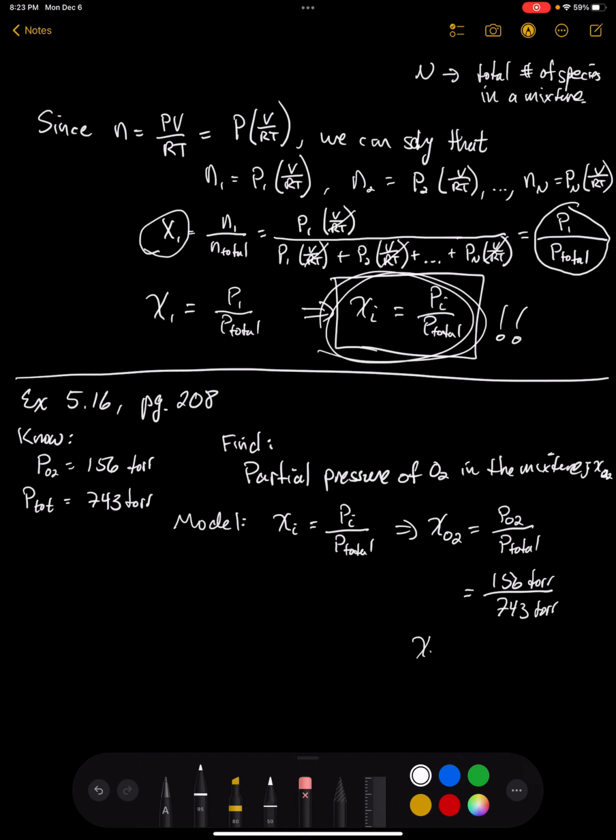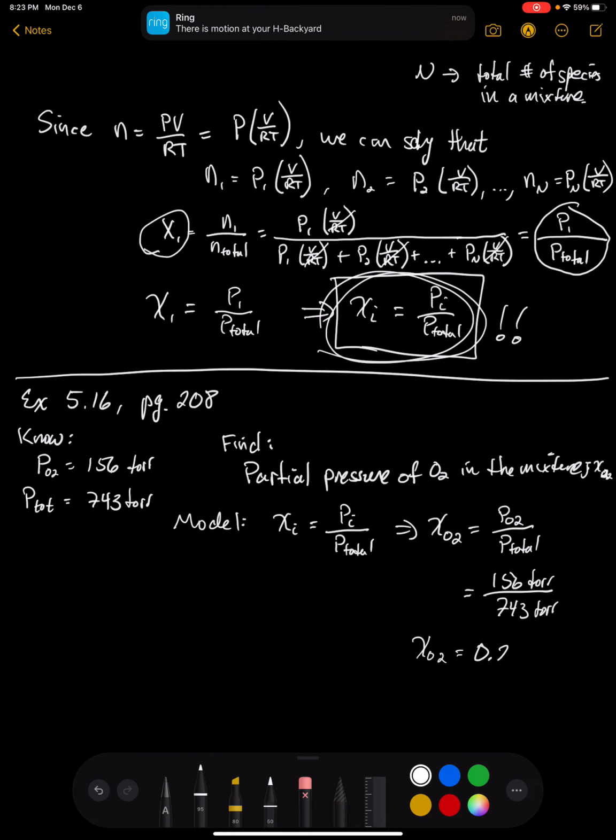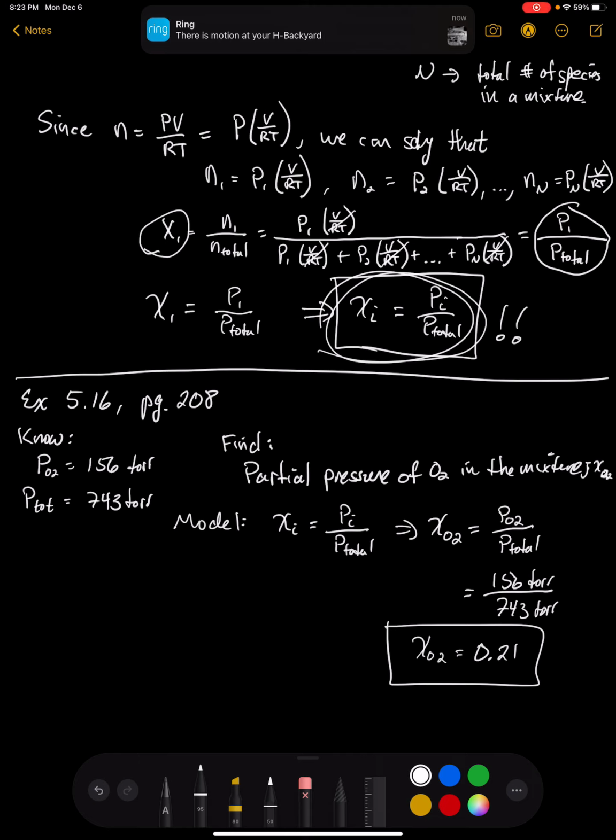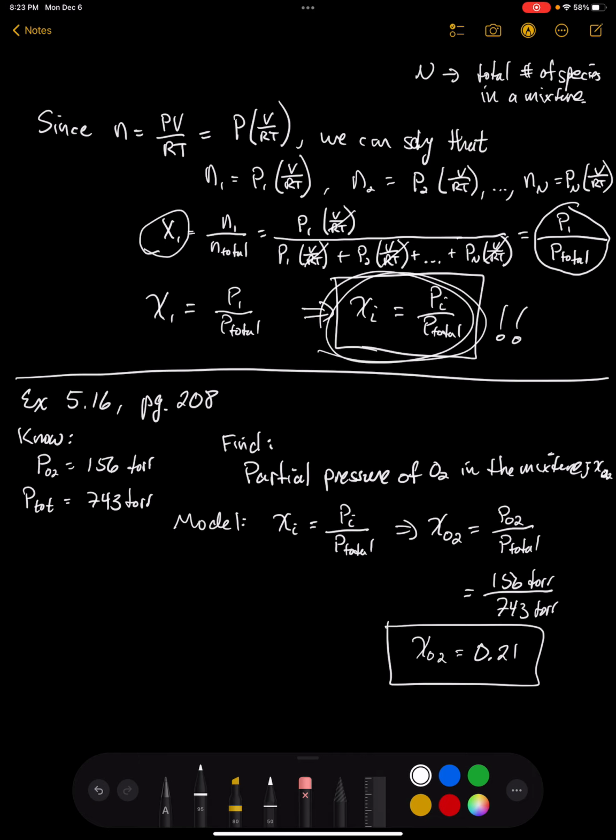So when you plug this into your calculator, you find that the mole fraction of oxygen is 0.21. Or oxygen is roughly 21% of our atmosphere. So our atmosphere, the air that we breathe, is a mixture of gases, and roughly 21% of the air is oxygen. That's what we need.